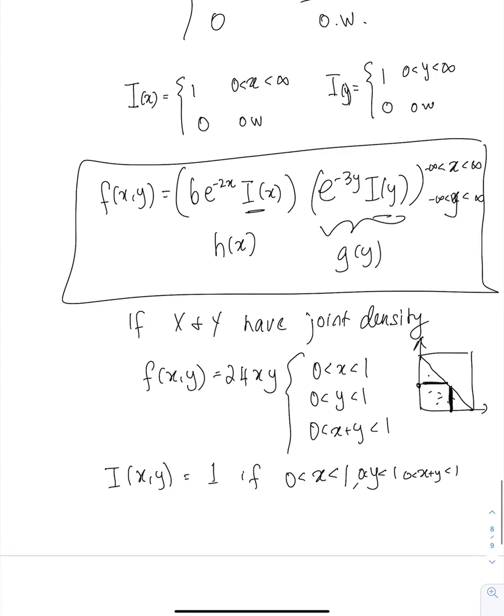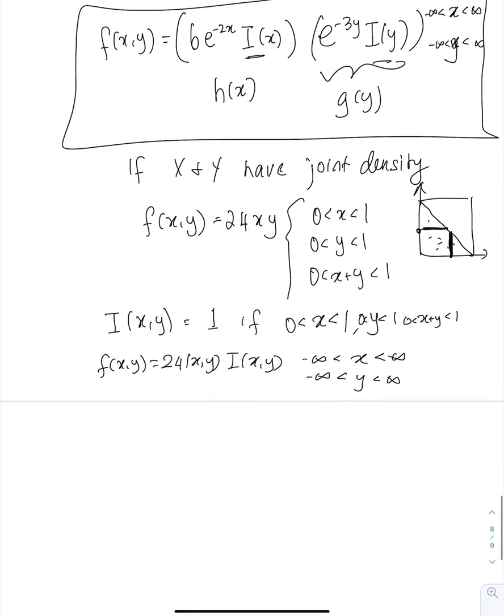Now you do have that f of x, y equals 24xy times I of x, y on the whole plane. However, you cannot write I of x, y as a function of x times a function of y. There shouldn't be any parentheses here. It's just 24x times y. So then you know that x and y are not independent.